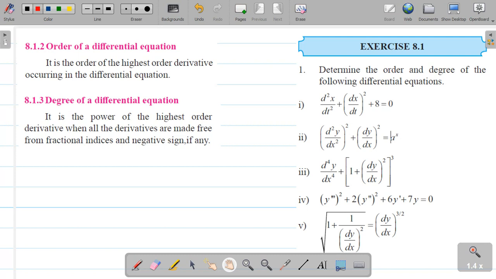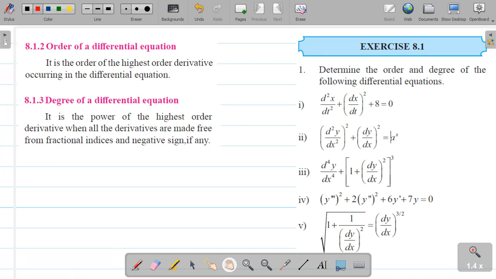It is the equation which involves the dependent variable, independent variable and the term of the derivative, that is derivative of y with respect to x.